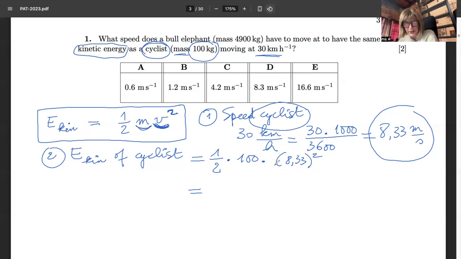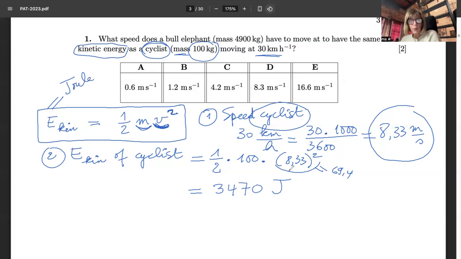Well, I found that this here is 69.4. So if I do that times 50, I have 3,470. And watch out, when you have energy, what is the unit of energy? It's joule. Don't forget. If you calculate kinetic energy, you will have a result in joule. Maybe you can put that also with your formula.